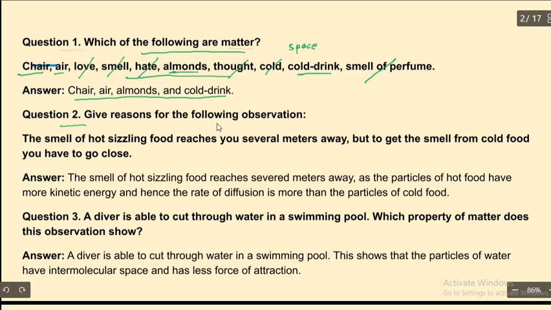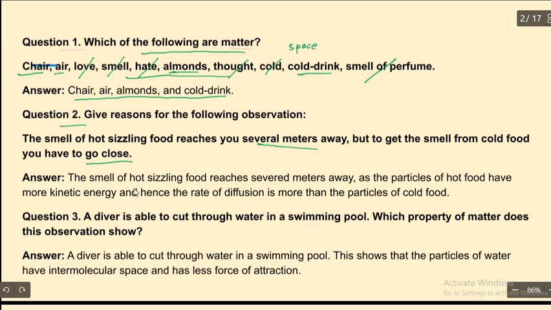So question number 2, give reason for the following observation: the smell of hot sizzling food reaches you several meters away, but to get the smell from cold food you have to go close. So the smell of hot food reaches our nose very easily when we are far, but the smell of cold food we get only when we are closer to that food.